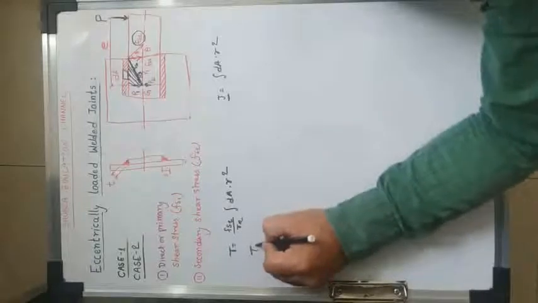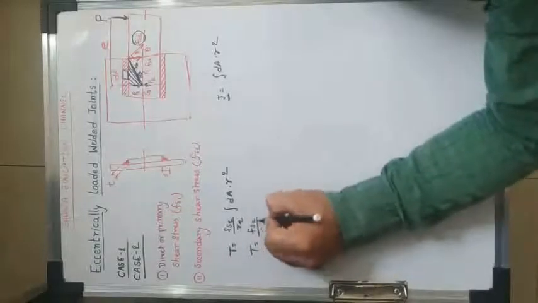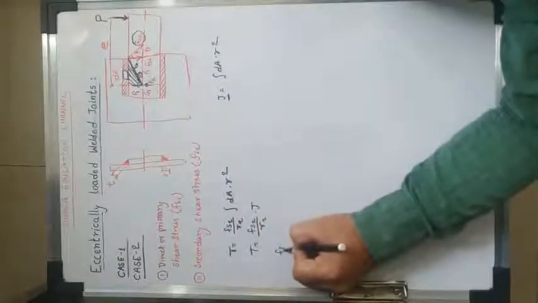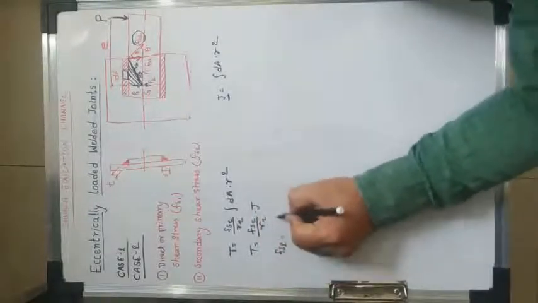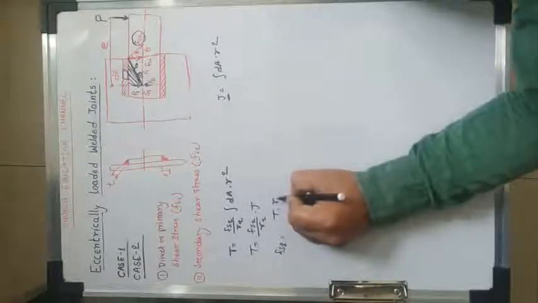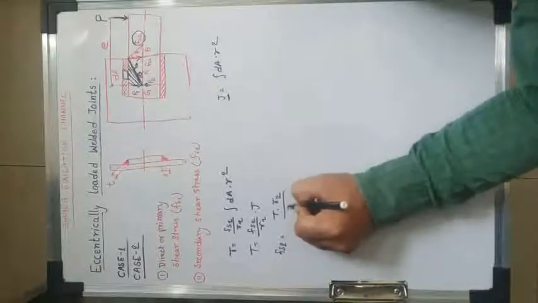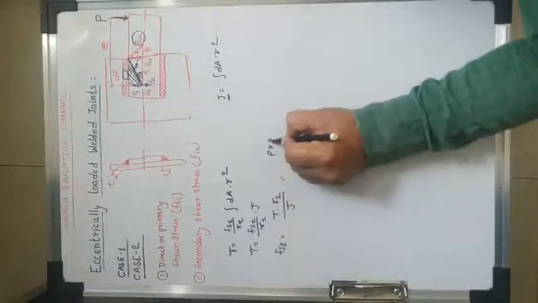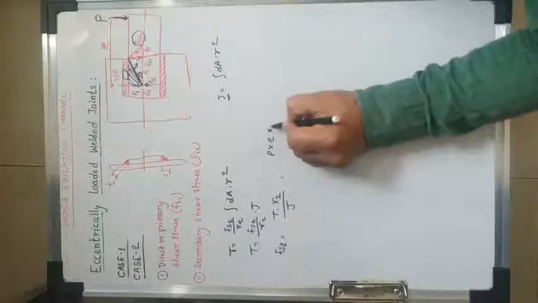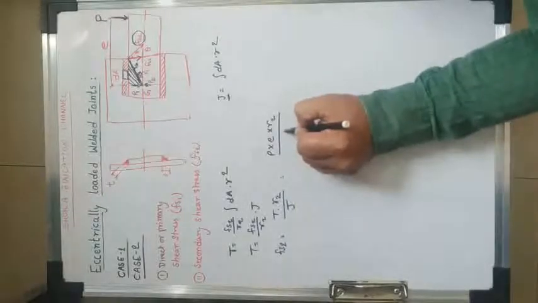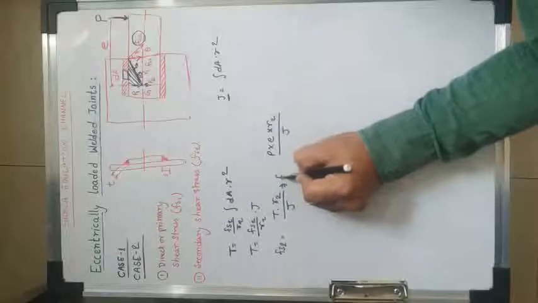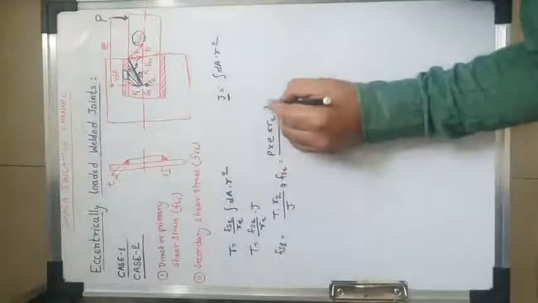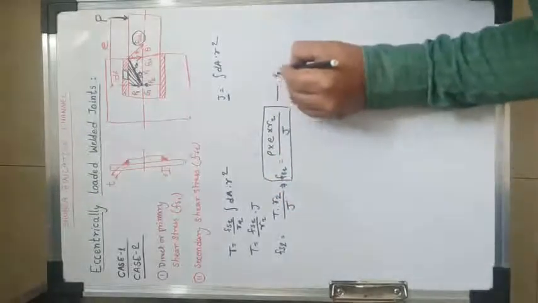Then T is equal to Fs2 upon R2 into J. Then Fs2 is equal to T into R2 upon J. And T is P into E, so Fs2 is P into E into R2 upon J. That is simple. So Fs1 we have seen, this is Fs2, the equation number 2.